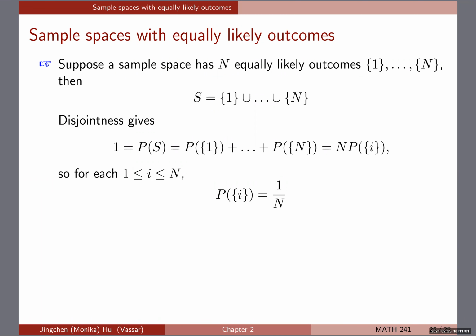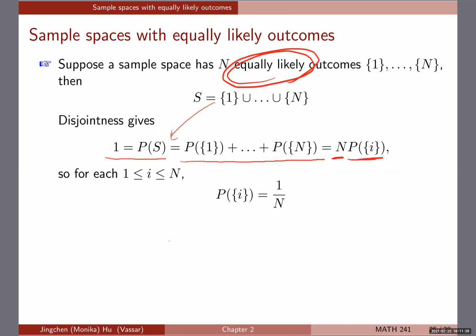We're able to show that the probability of the sample space, we know that's total 1, right? And then because all of the equally likely outcomes are disjoint, the probability of the union of all of them is going to be the sum of all of the individual probabilities. But again, remember they're equally likely, so they can be re-expressed as N times the probability of any outcome, which is the same across the board.